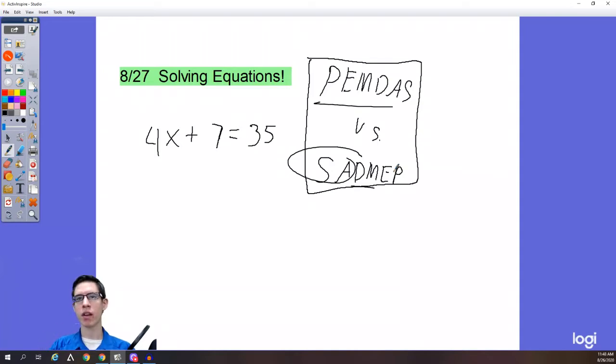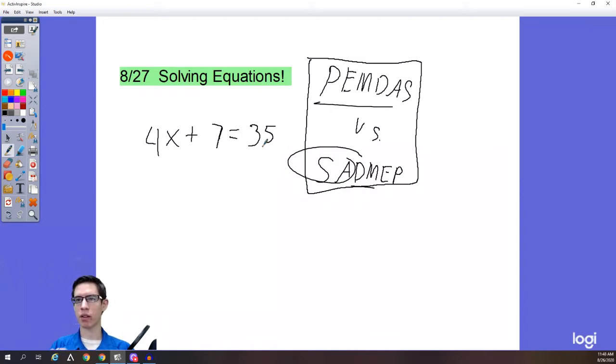So here, this situation, 4x + 7 = 35, is actually simplified already. We don't have to bother with order of operations the first go around because I can't do anything to add 4x and 7. Those are not like terms, and 35 is the only term on the right side. Those don't simplify. But that means we need to start into our solution.